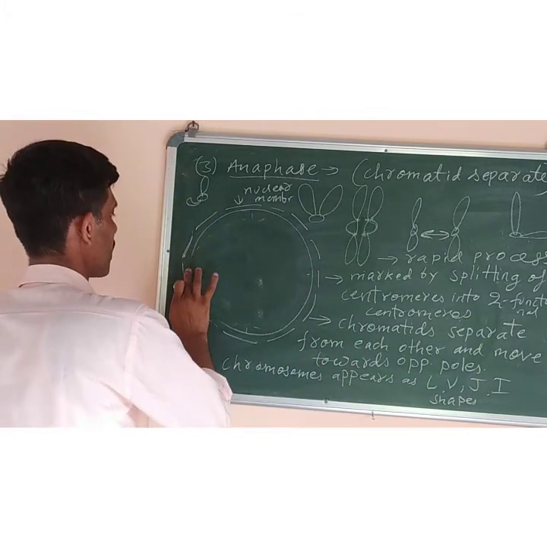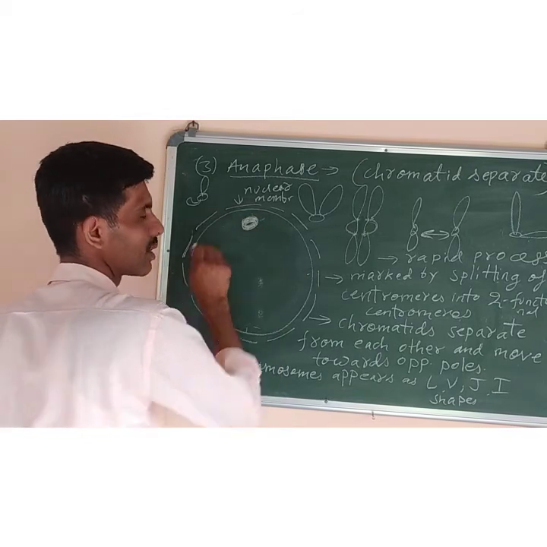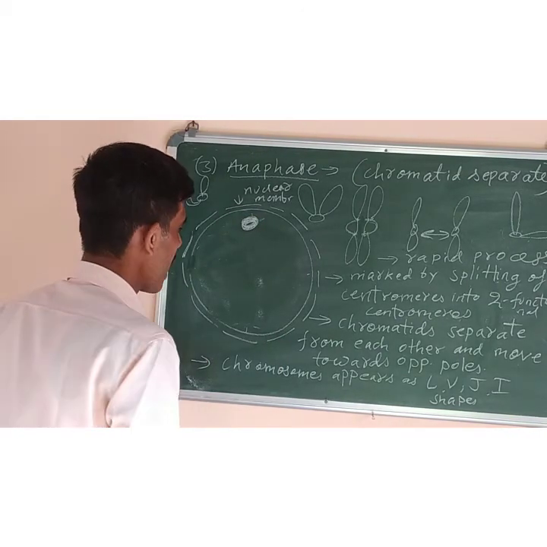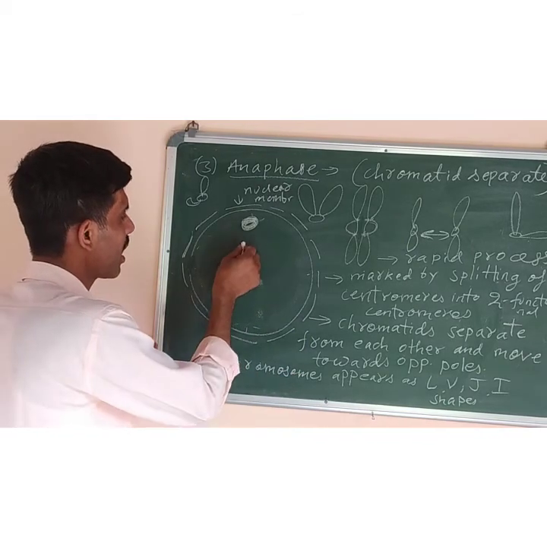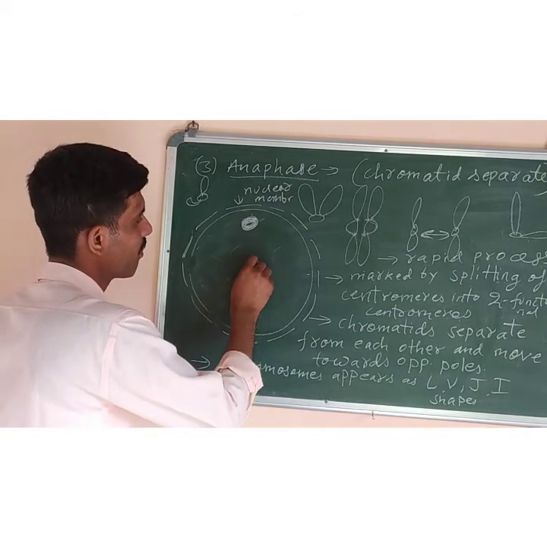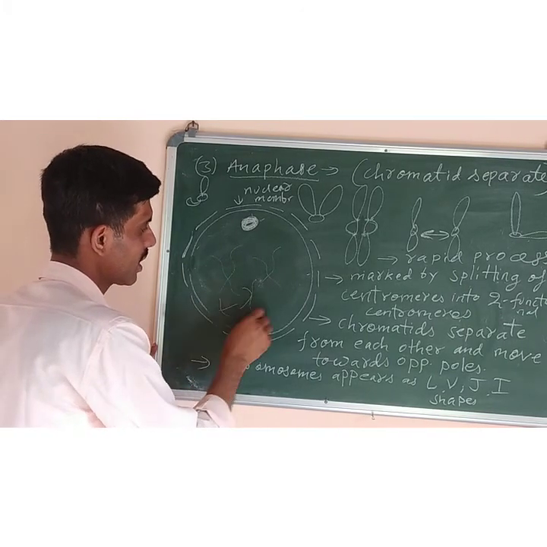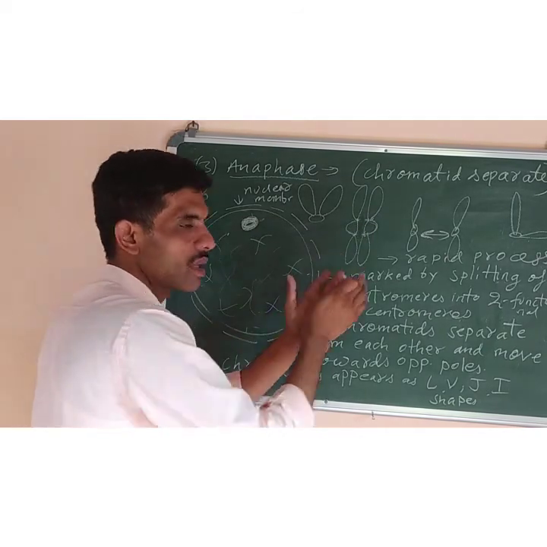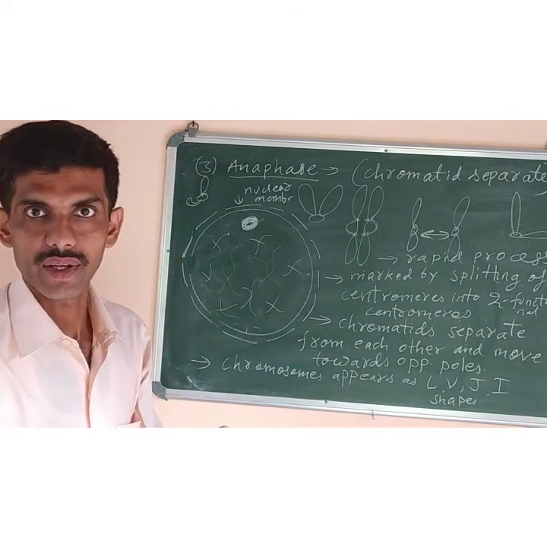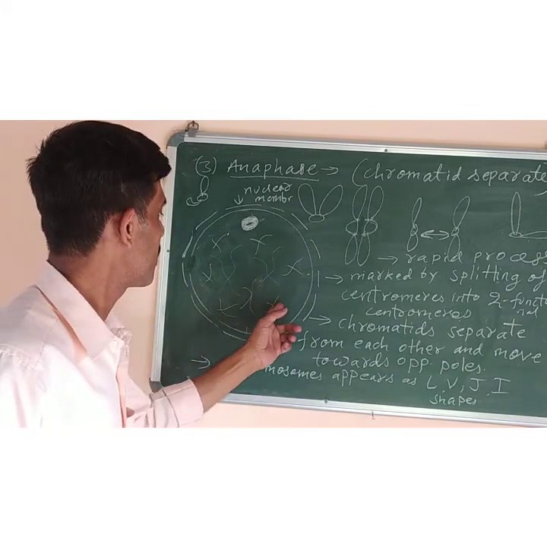So the nucleolus, the dense spherical body, reappears, and whatever chromosomes were there will now uncoil to form the chromatin network. See, earlier chromosomes are there. Now these chromosomes will open, unwinding the threads which were wound, to form individual threads.